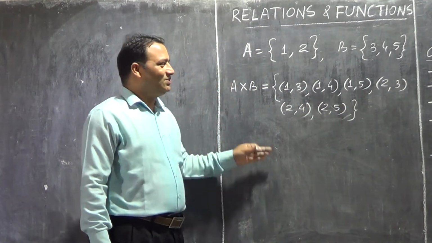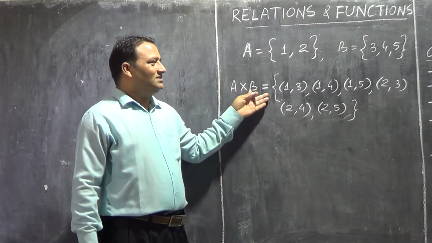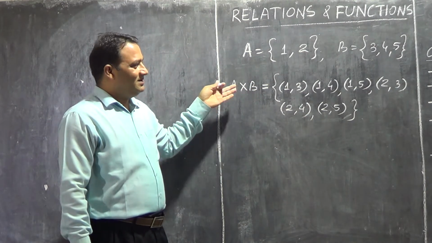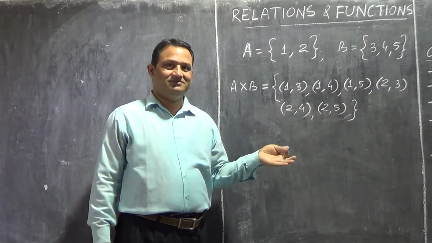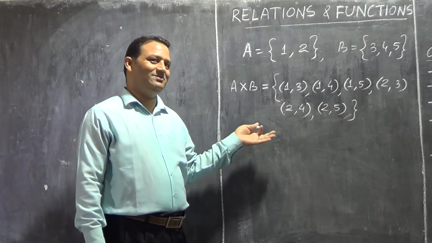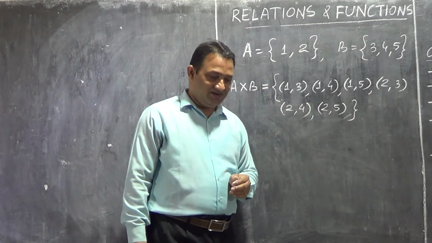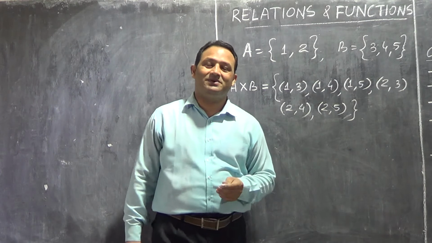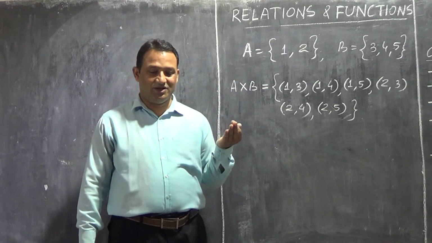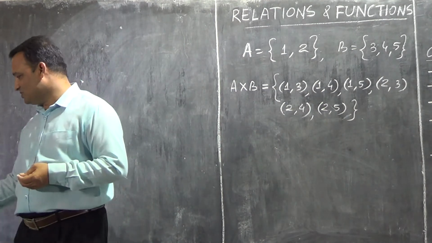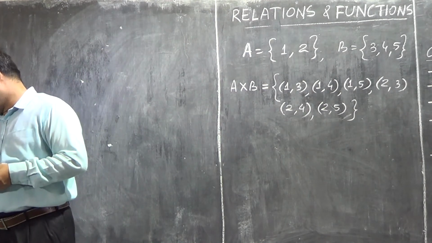We can also represent a Cartesian product in the form of an arrow diagram. We can also represent it in the coordinate system. That is graphical representation.